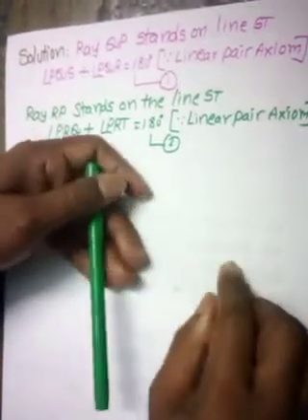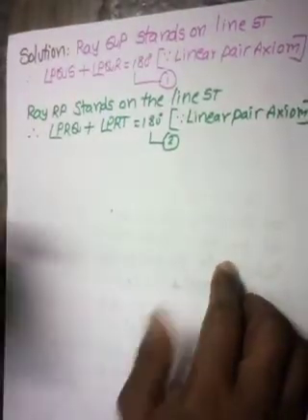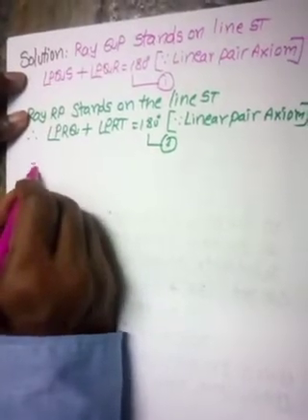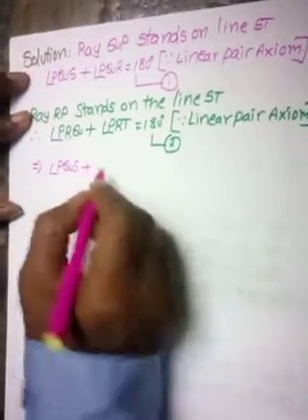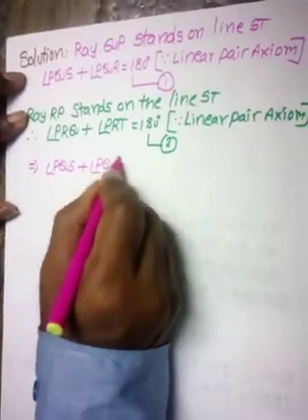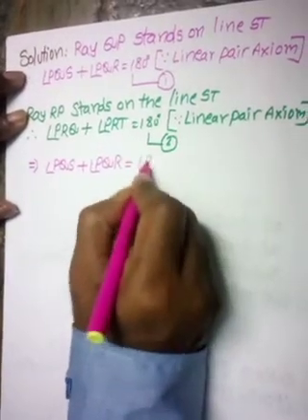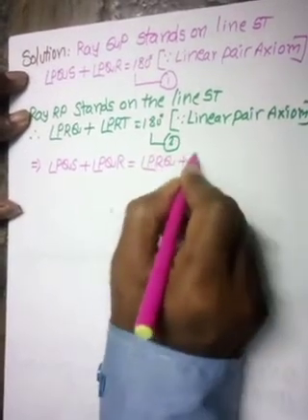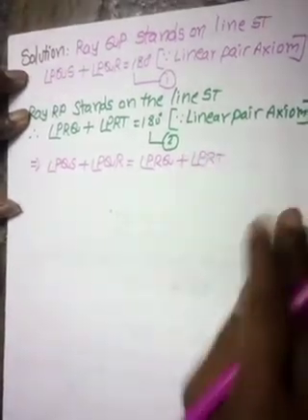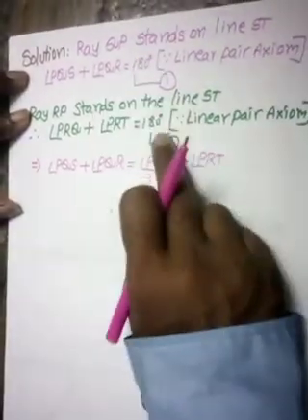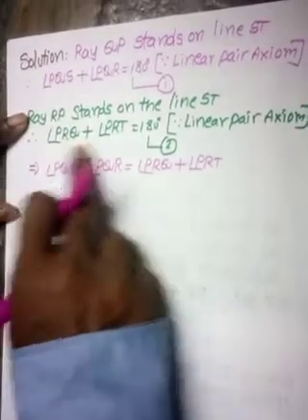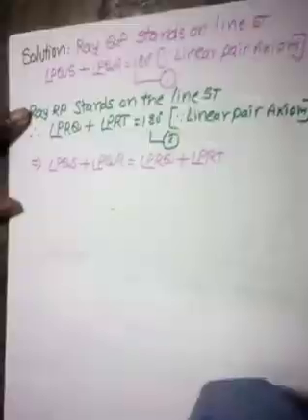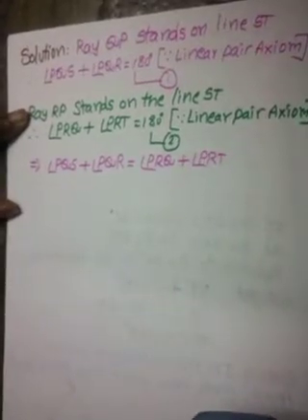Therefore, we can equate LHS parts. Okay, my dear children. So, this implies angle PQS plus angle PQR is equal to angle PRQ plus angle PRT. Since right hand sides are equal, we are equating LHS. Understood this point, my children? Right.